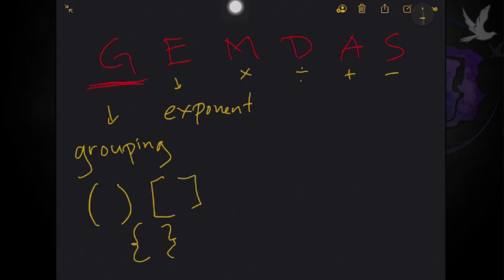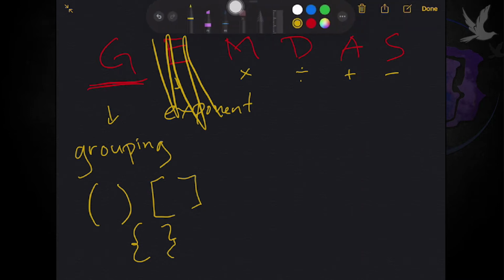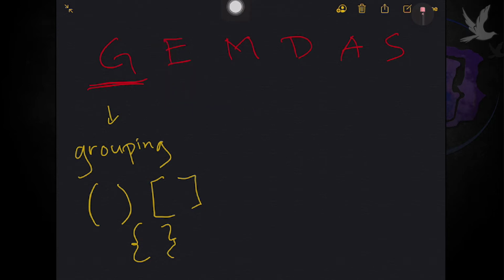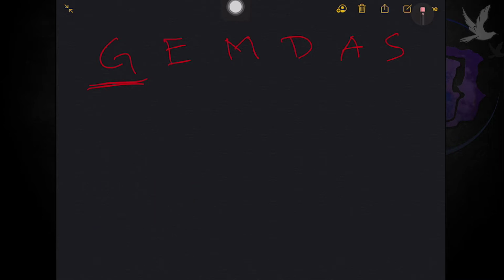We are not gonna make use of exponent here. We are going to focus on grouping, multiplication, division, addition, and subtraction. Let me get rid of the information that I just gave you, and we will group them accordingly.